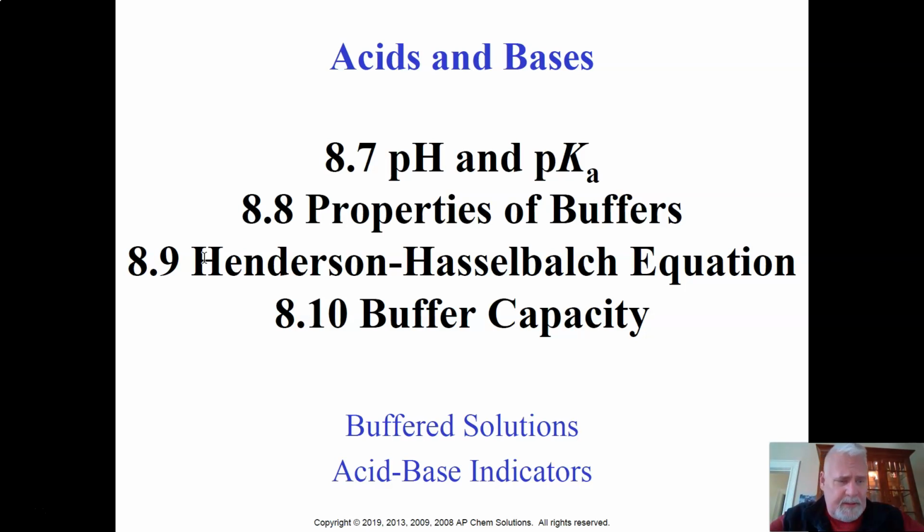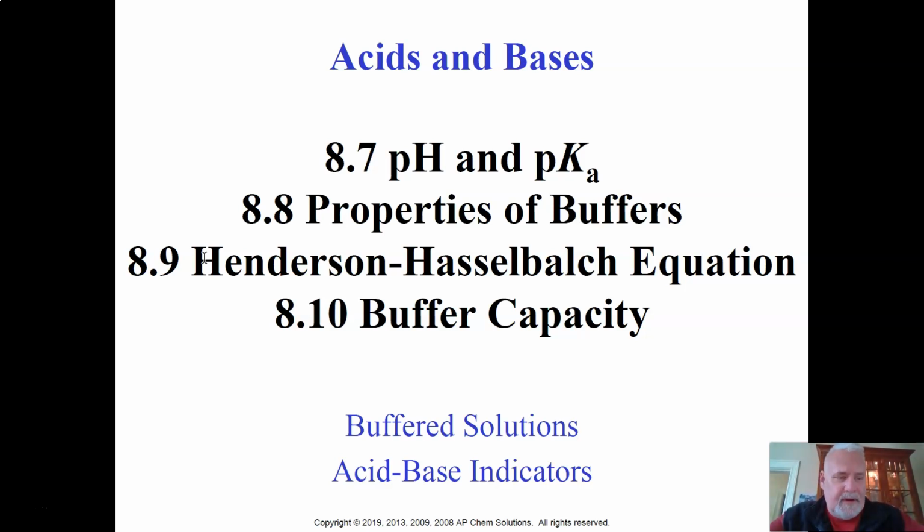What we're going to do is talk about this buffer concept. You might not be aware of it, but there's a brand of aspirin and painkiller called Bufferin. And what it does is it has a buffer in it so that when you take the acetylsalicylic acid and put it in your stomach, sometimes that would upset people's stomach if you have sort of a delicate stomach.